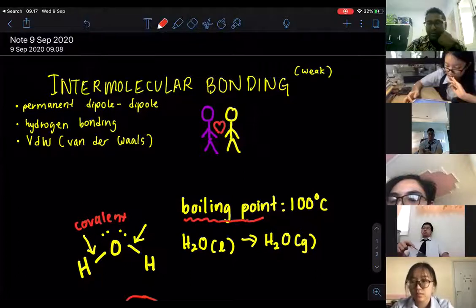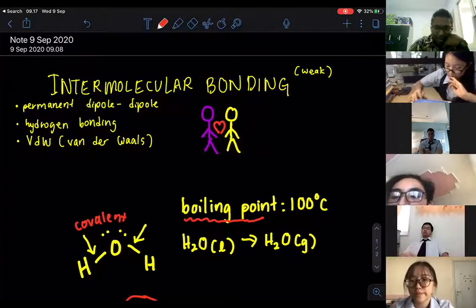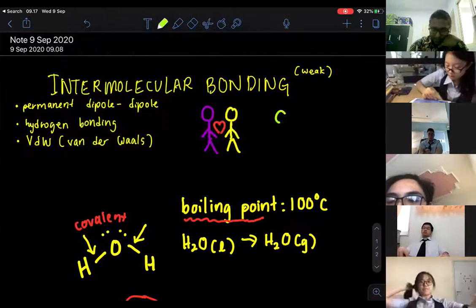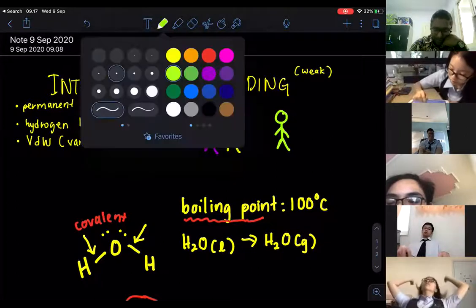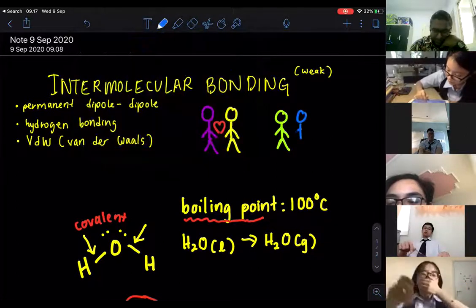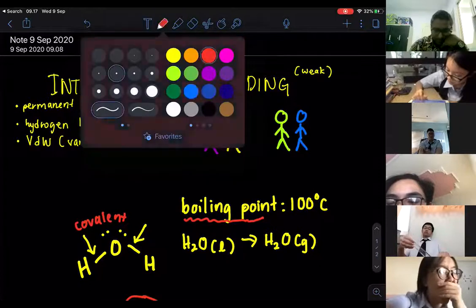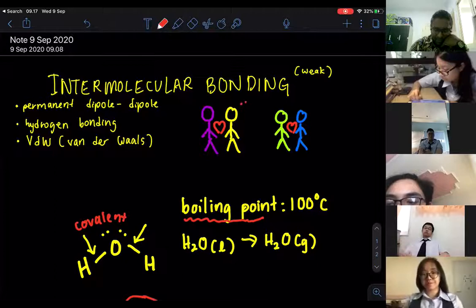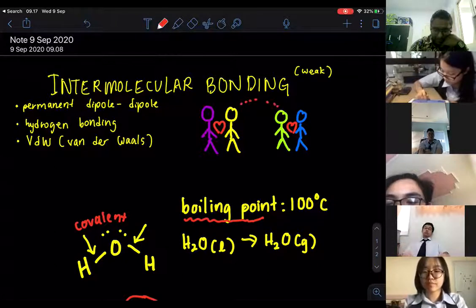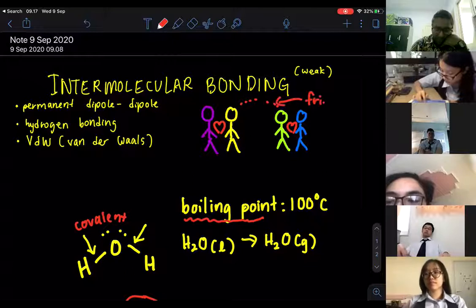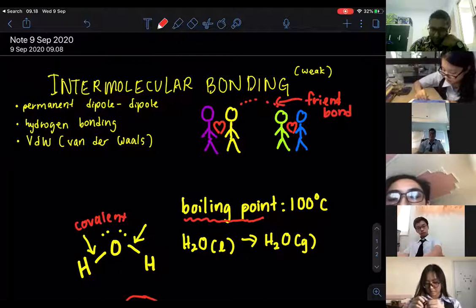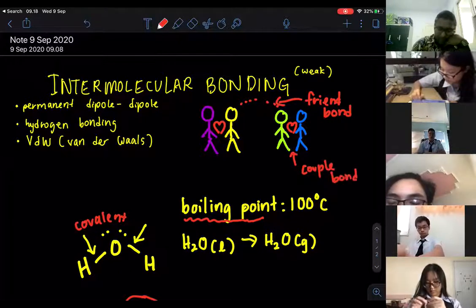And then you have another couple, who are also deeply in love with each other. And both of these couples are friends. So this is friend bonding, the friend bond, and this one is the couple bond.